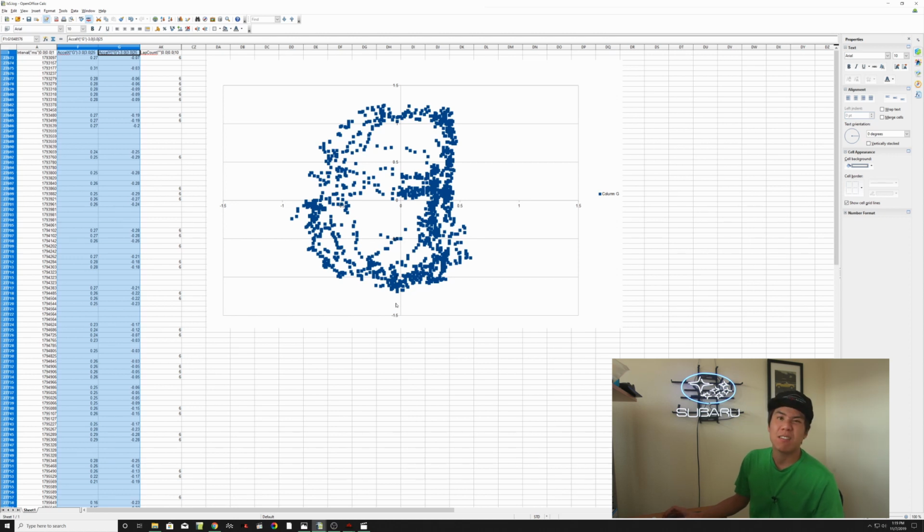In this case, it really doesn't matter, because we can see that roughly going left and right, the car is capable of pulling about 1.2 Gs. And we can see here under acceleration, the Subaru, or the WRX, is pulling almost 0.5 Gs, and the decel is close to 1.